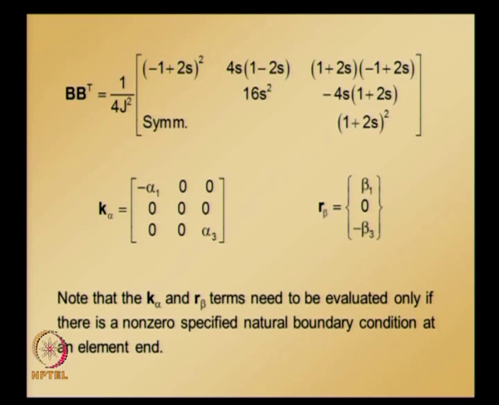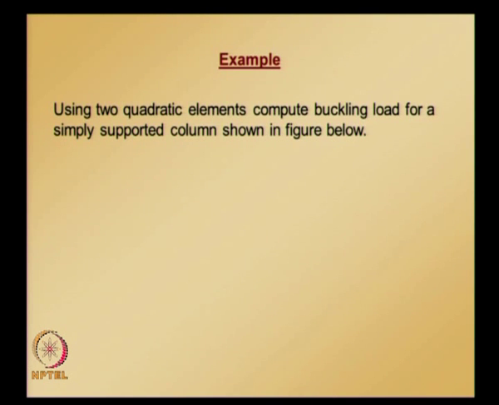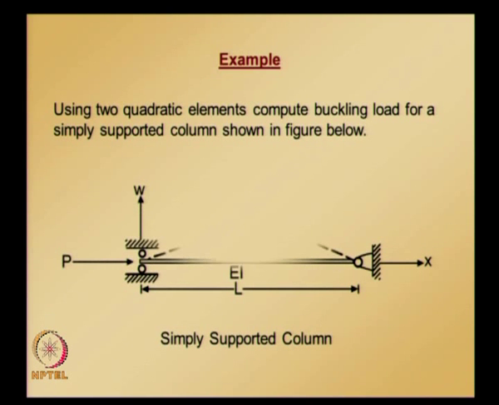So, here we will be solving the same problem using 2 quadratic elements, to compute the buckling load for the simply supported column shown in the figure below. We will be using the same number of nodes for discretization.